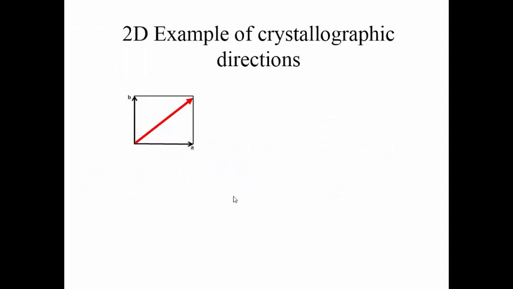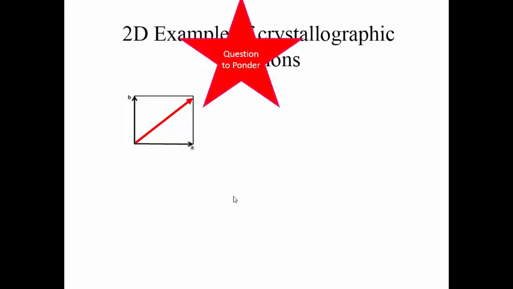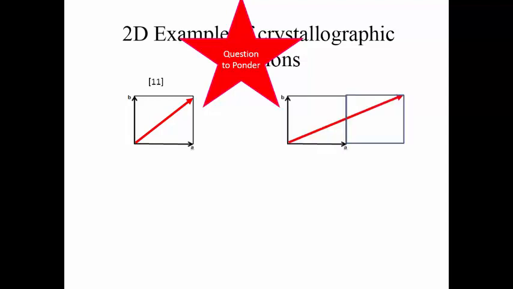Now here's some examples of crystallographic directions which I expect you to be able to do on a quiz. The question to ponder is, the first one is 1 over and 1 up, and it's the [1 1]. Notice the square brackets and notice the arrow. What about this one? You do this one. What is it?